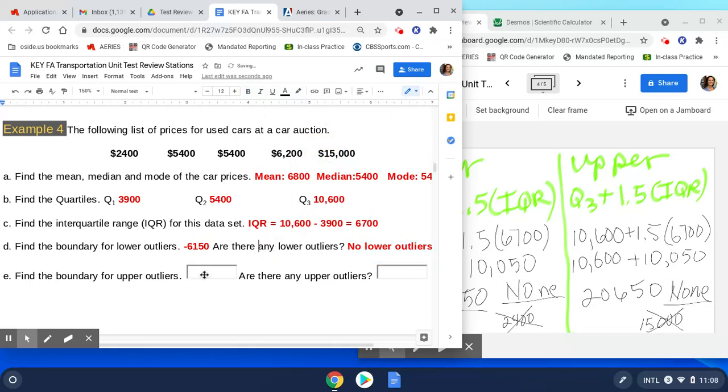And then our upper bound was 20,650. And so therefore, there were no upper outliers.